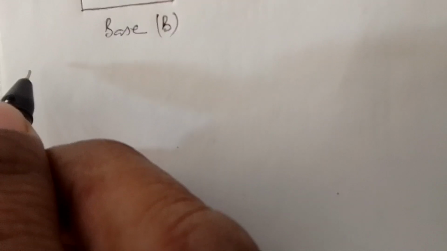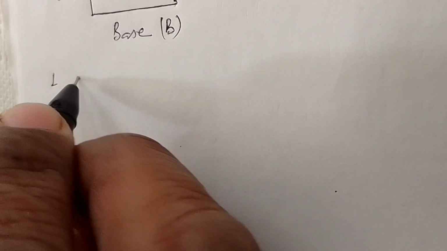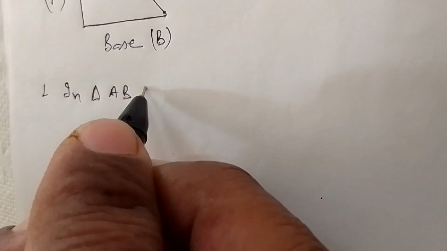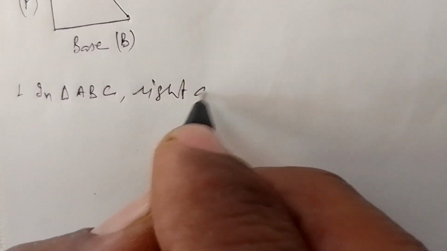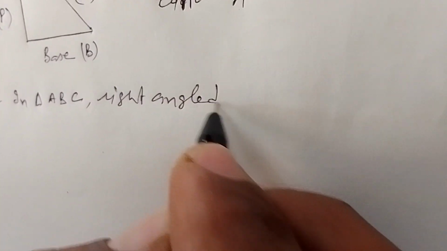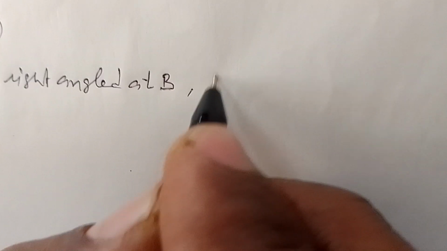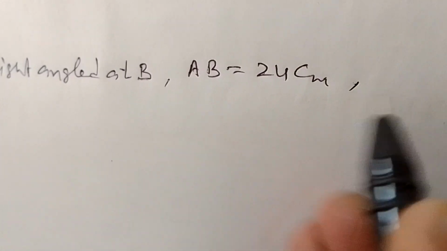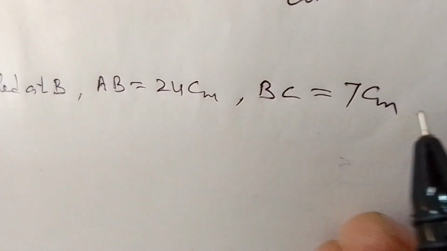Now the exercise 8.1, the first question is: in a triangle ABC, right angled at B, AB is equal to 24 centimeter, BC is equal to 7 centimeter.